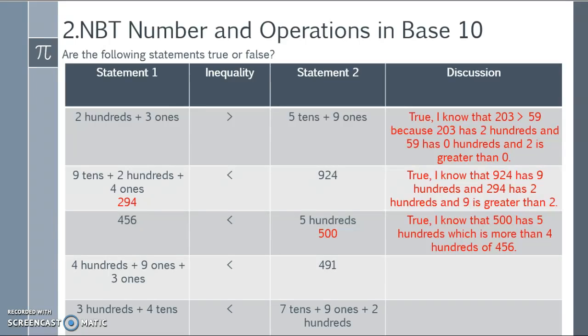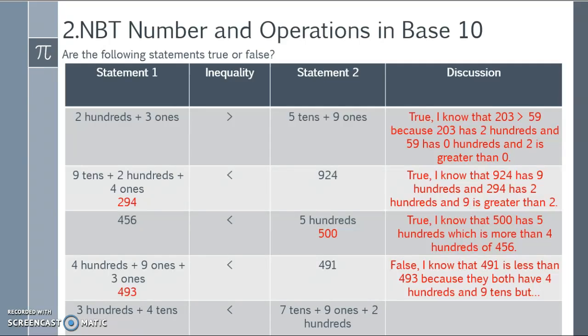4 hundreds plus 9 tens plus 3 ones. Is that less than 491? Oops, I'm sorry. This should be tens, not ones. I apologize. That would make more sense. Okay, false.